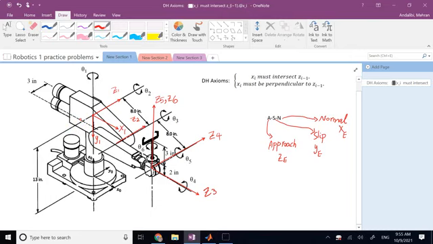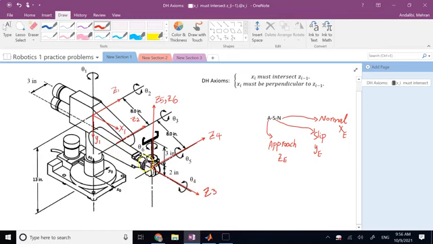So what we do here is select x2 to be similar to x1. But where would you put the origin? As I said here, I put the origin in the middle of the thickness of this member number 2, or 3 you might call it. I put it here in the center. And that's where the extension of z3 is going to pass.